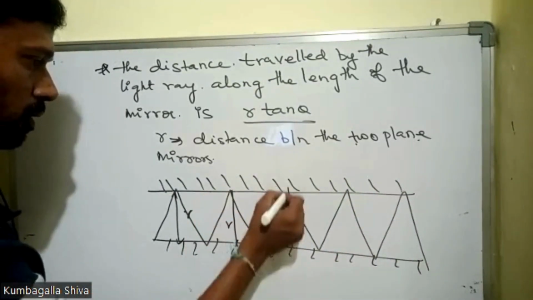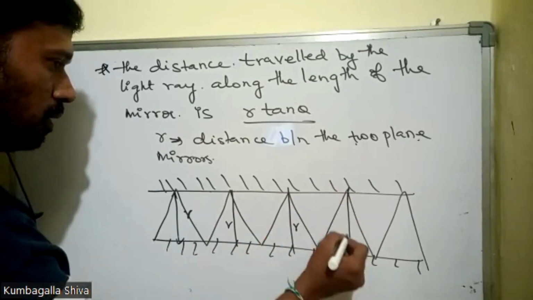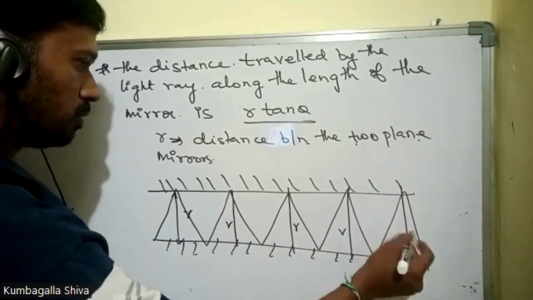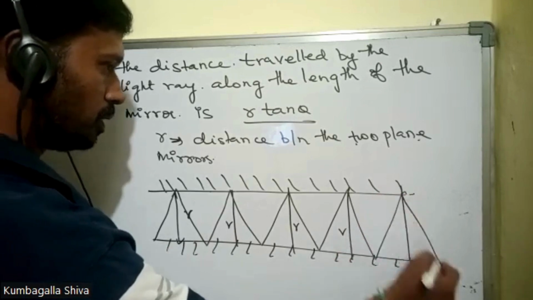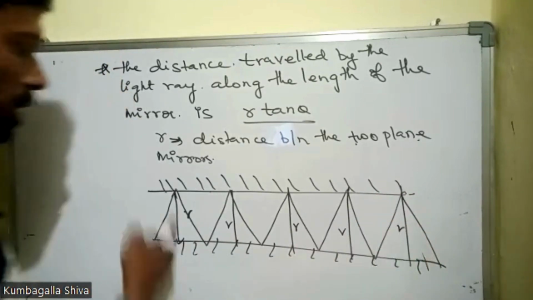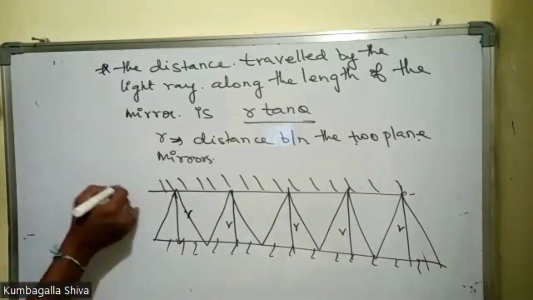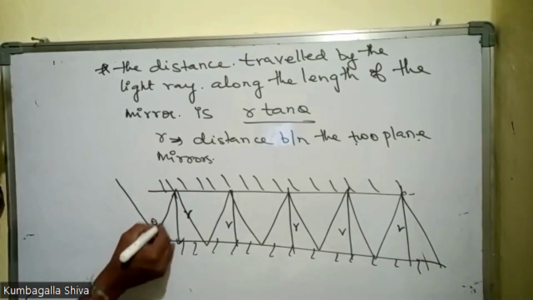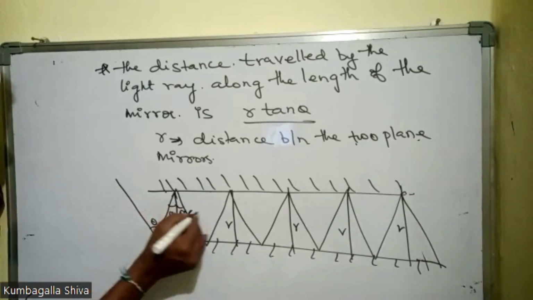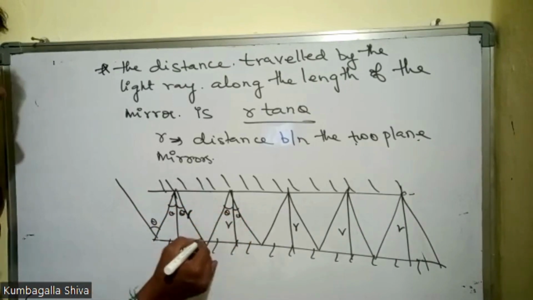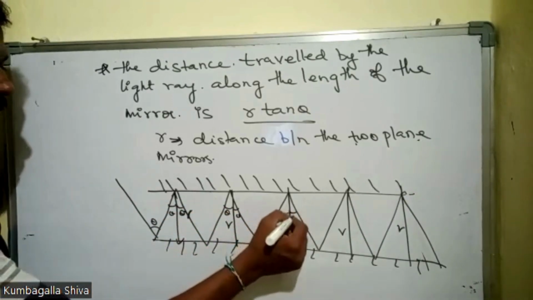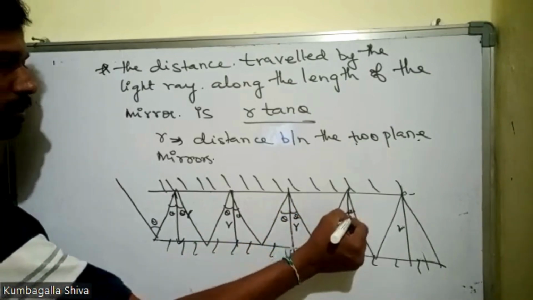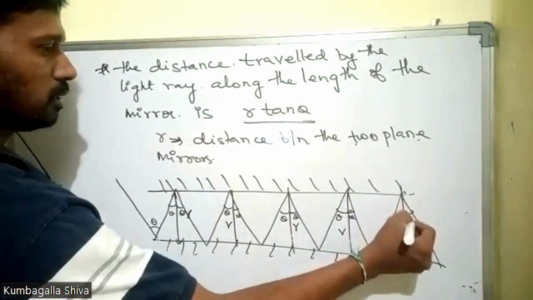And externally one ray is coming. If this is inserted at an angle theta, this will also be theta, this is also theta, and so on for each reflection.